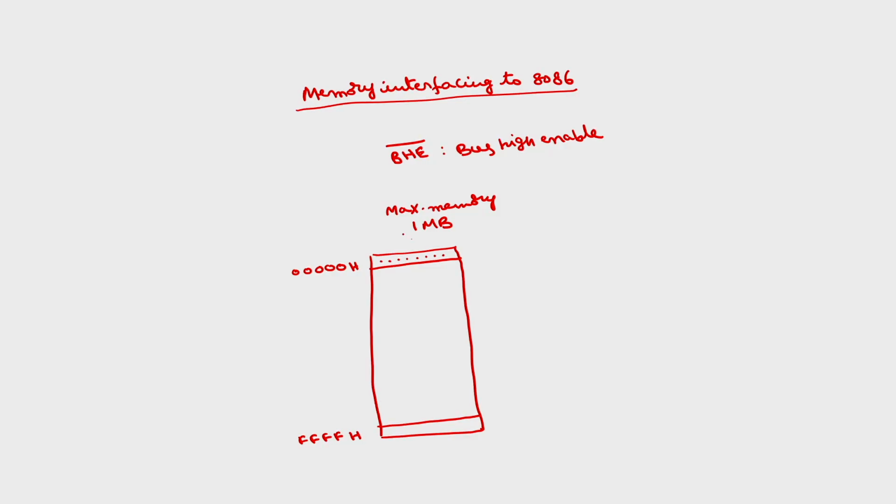We have to divide this 1 megabyte, which is nothing but 1024 kilobytes, into 2 halves of 512 kilobytes each. So, we will be having memory banks.